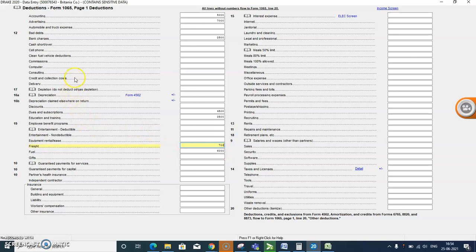Cleaning charges $1,200. Professional fees $25,000.